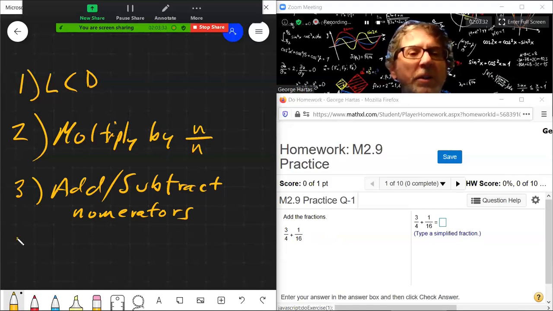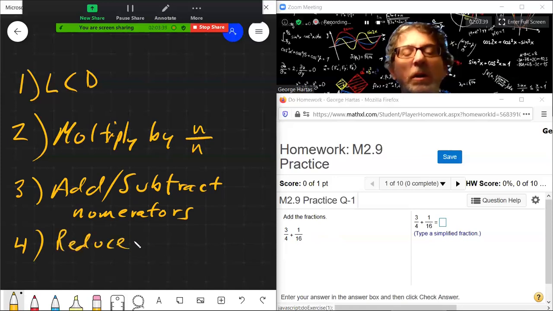And then finally, step number 4 is to reduce, if possible. You want to make the fraction as small as you can, all the way down to lowest terms.